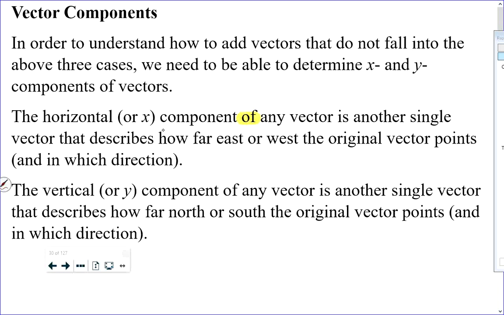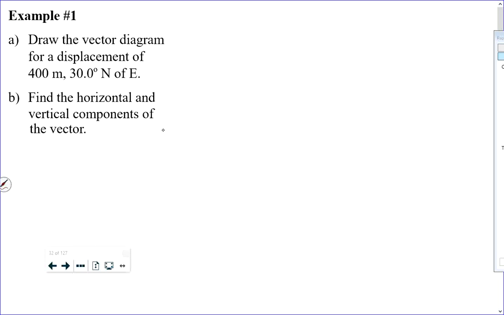The vertical component of any vector is another single vector that describes how far north or south the vector points. So draw the vector diagram for a displacement of 400 meters at an angle of 30 degrees north of east.